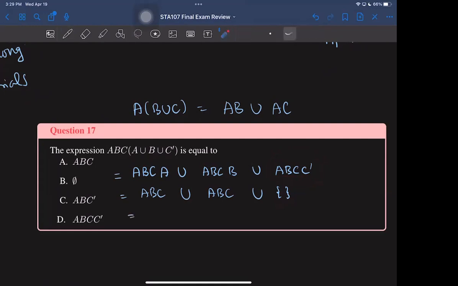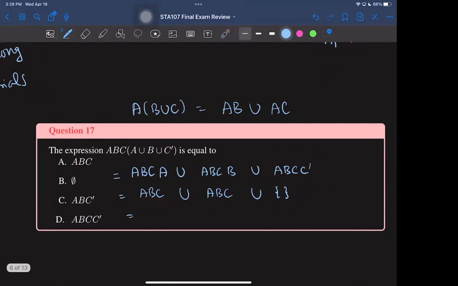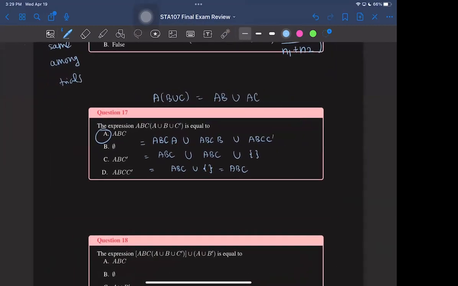And you have ABC or ABC, which is just ABC. And ABC union with an empty set is just ABC. So the correct answer is A. Any question about this one? You can also draw a Venn diagram and you should get exactly the same result.